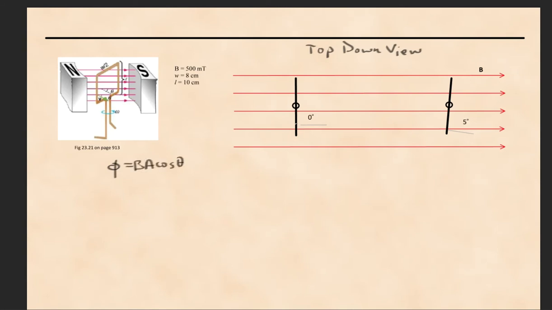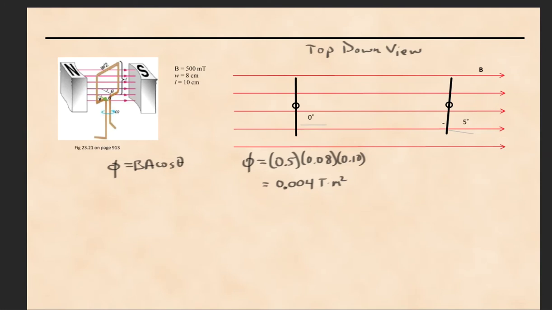So when the loop is oriented such that the magnetic field points directly through the area, the magnetic field and the normal to the area are both in the same direction, and so theta is 0. In that case, the flux is just going to be B times A times the cosine of 0, which is 1, and so this gives me 0.004 Tesla meters squared.